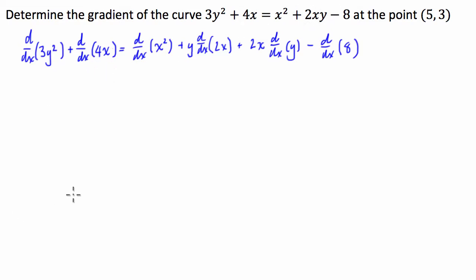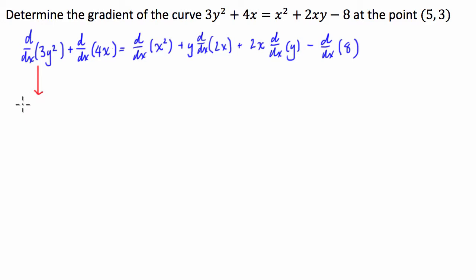So what we then do, on this first part, is use the chain rule. What I mean by that is we're going to, in effect, take this derivative with respect to y.